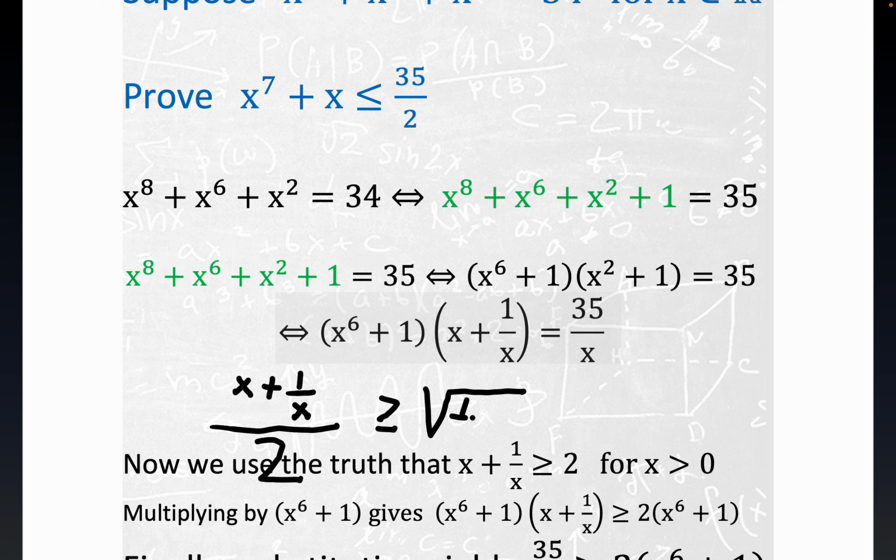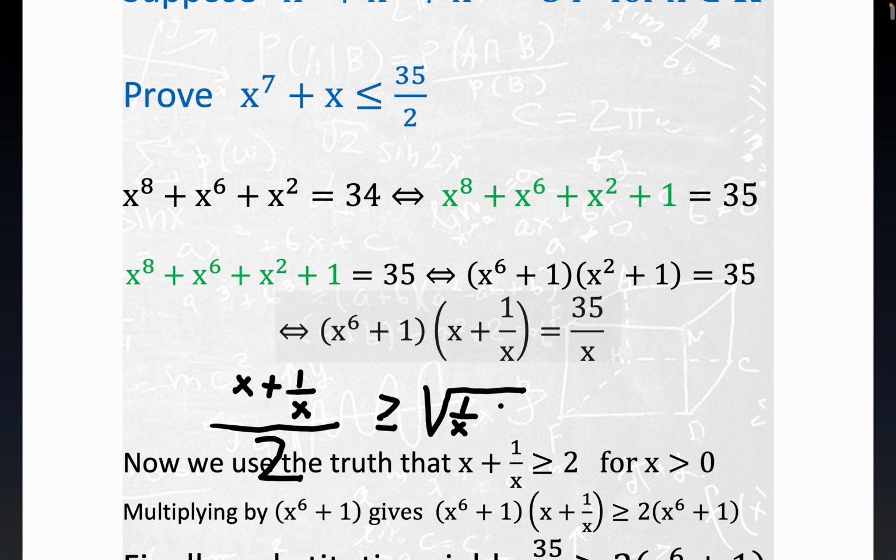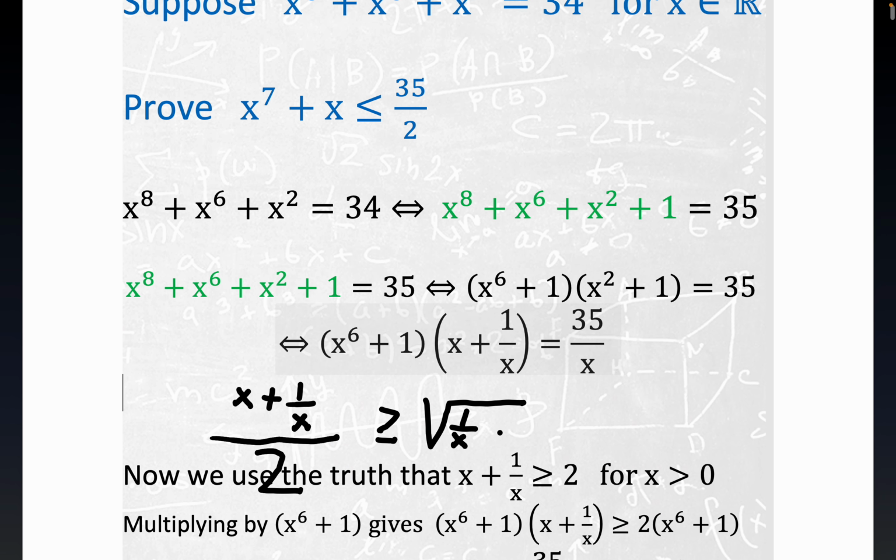Now we know that x equals 0 couldn't be part of the situation here. It doesn't satisfy the given equation, so we can rule out x equals 0. So 1 over x times x, if x is not 0, is equal to 1.